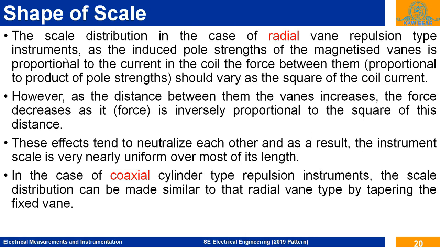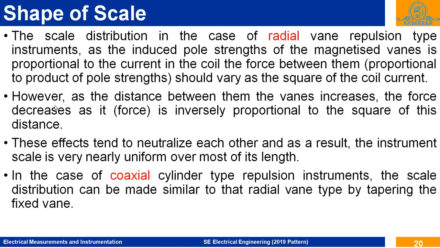As the induced pole strength of the magnetized vane is proportional to the current in the coil, the force between them is proportional to the product of pole strengths M1 and M2. Pole strength at the north pole, pole strength at the south pole, which will depend on the pole strength of both iron pieces. So it should vary as the square of the coil current.